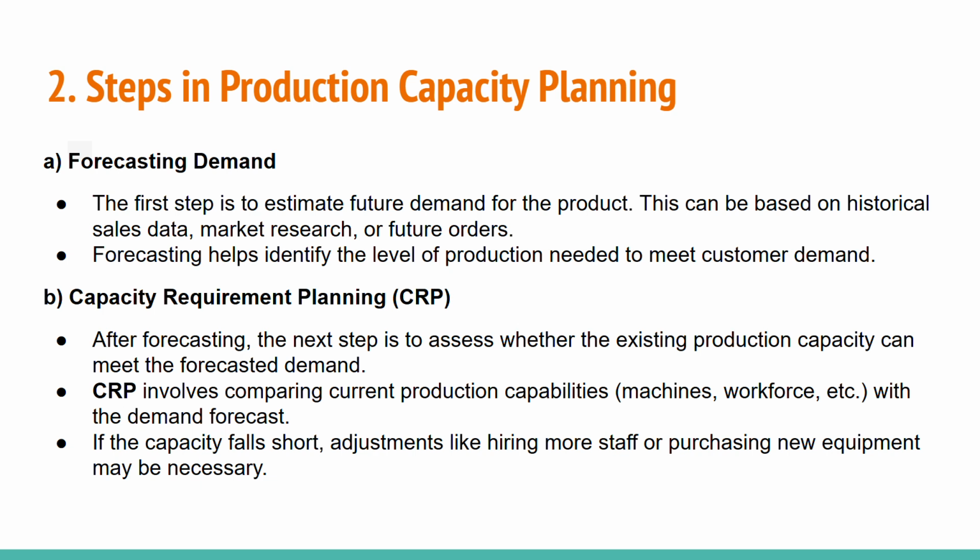After forecasting, the next step is to assess whether the existing production capacity can meet the forecasted demand. CRP involves comparing current production capabilities, meaning machines, workforce, etc., with the demand forecast. If the capacity falls short, adjustments like hiring more staff or purchasing new equipment may be necessary.